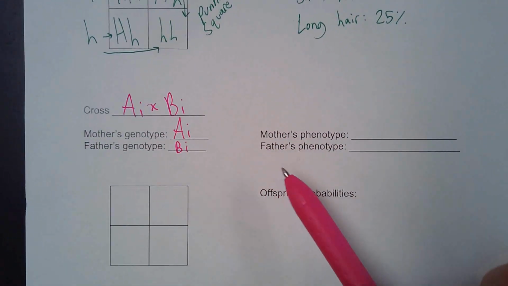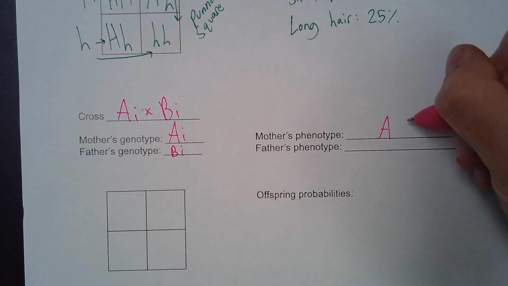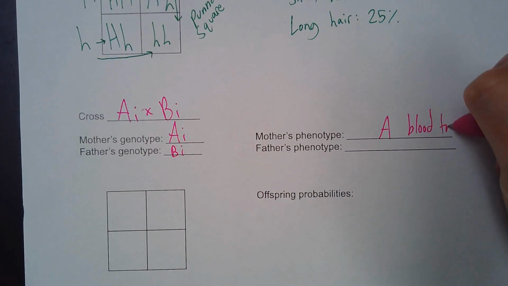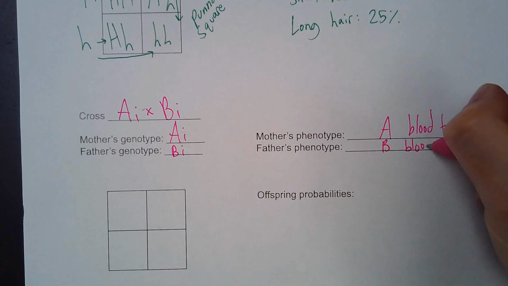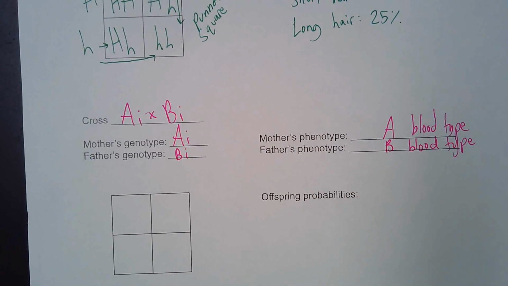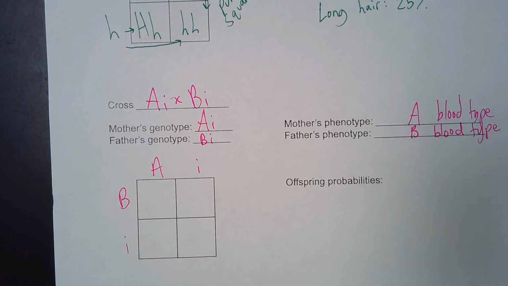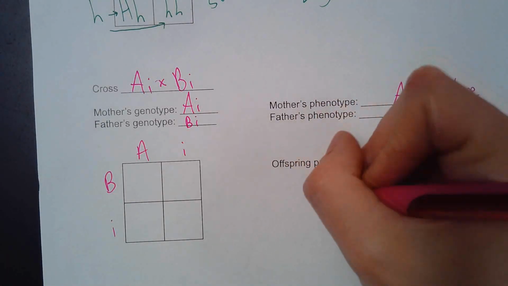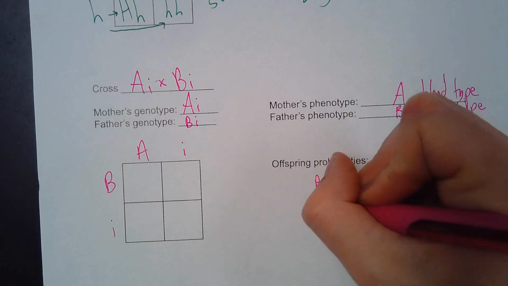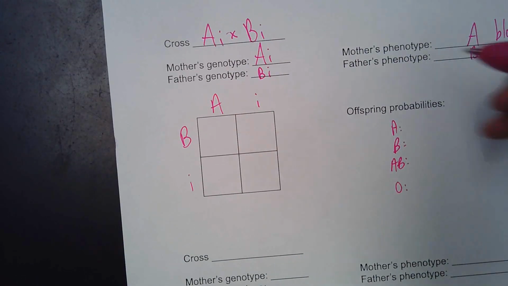So the mother's phenotype is A blood type, and the father's is B blood type. Let's say we want to know the chances that their child will get the different blood types. The phenotype possibilities are A blood type, B blood type, AB, or O. So let's do this cross and see what happens.